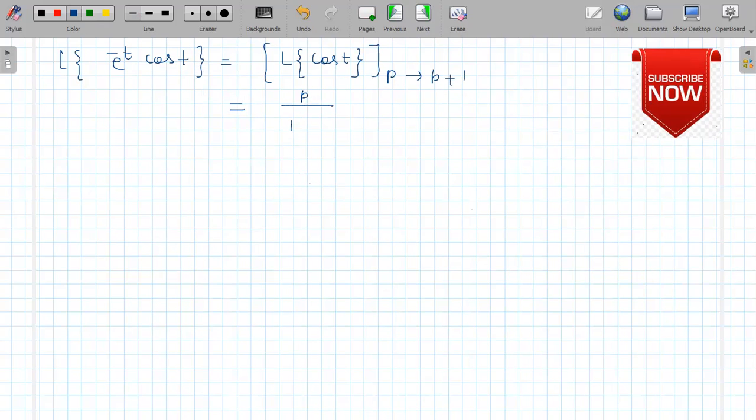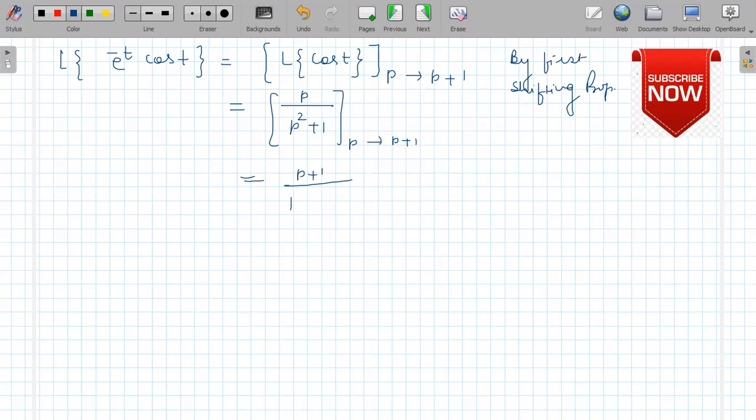It is p upon p square plus 1, with p replaced by p plus 1. You should mention the property you are using here, the first shifting property. So we get p plus 1 divided by (p plus 1) whole square plus 1.